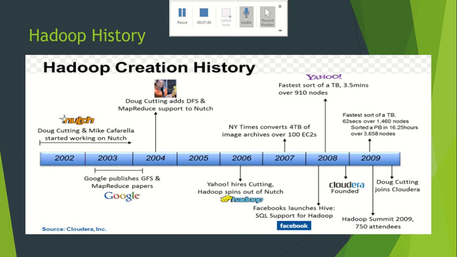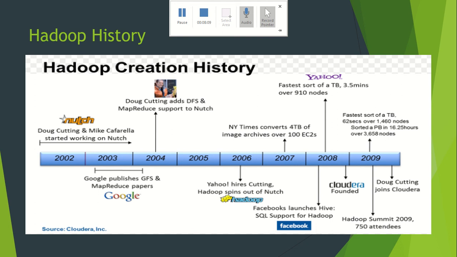So that's how the Hadoop name came into the picture. It was developed by Yahoo and primarily contributed to the open source Apache Foundation, and now we are all able to access it without paying anything, because it is open source.